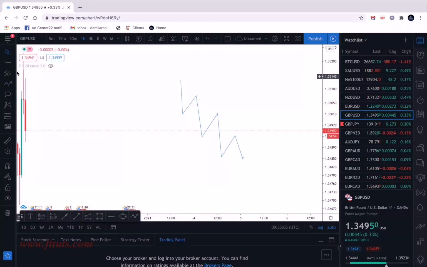Now, remember, this is not serving as downtrend resistance. The downtrend resistance.